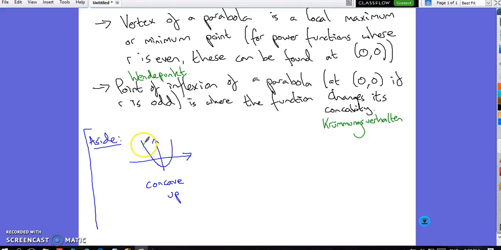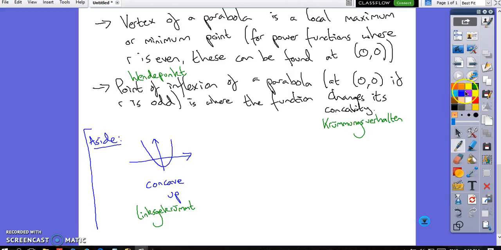If you imagine yourself driving along this road of the function in this direction, you'd have to turn your wheel of your car to the left, which is a helpful way of remembering that this is bended to the left, or concave up in English.